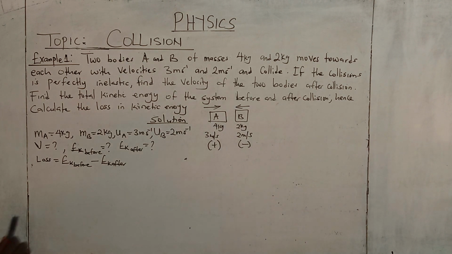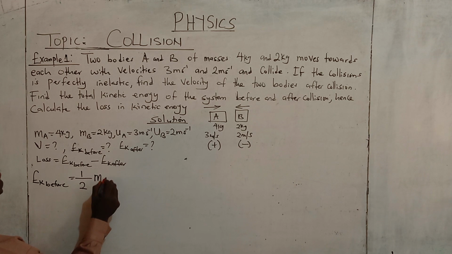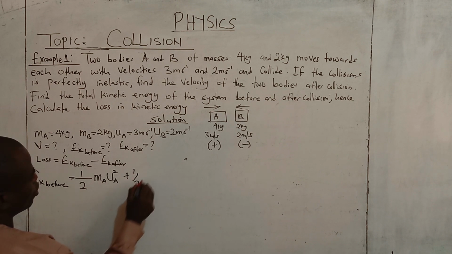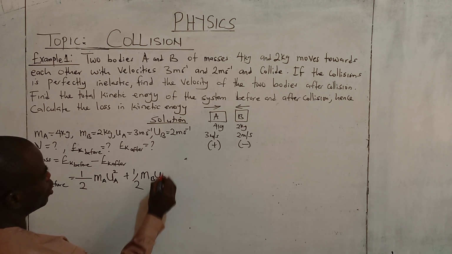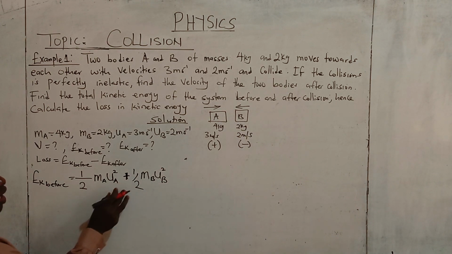Next thing to look for is kinetic energy before collision. EK before equals half MA UA squared plus half MB UB squared. Please take note, it's positive under kinetic energy.